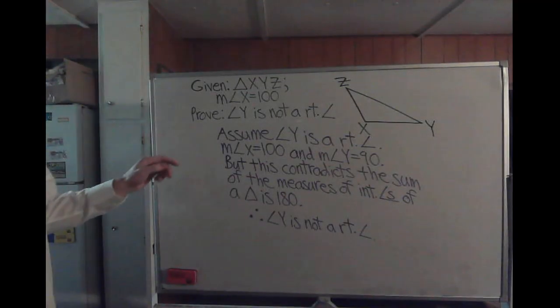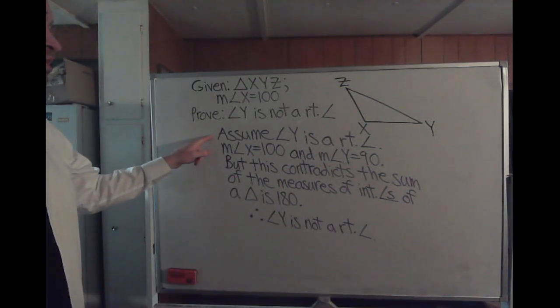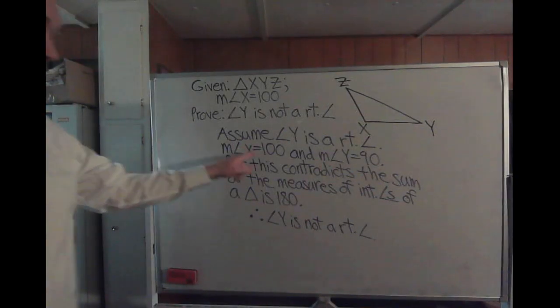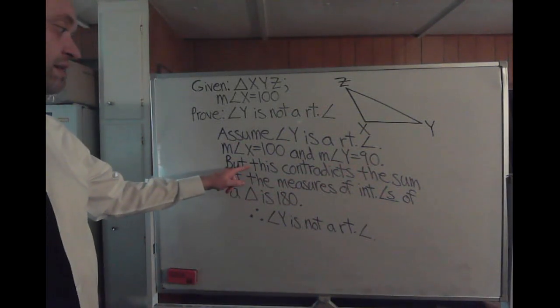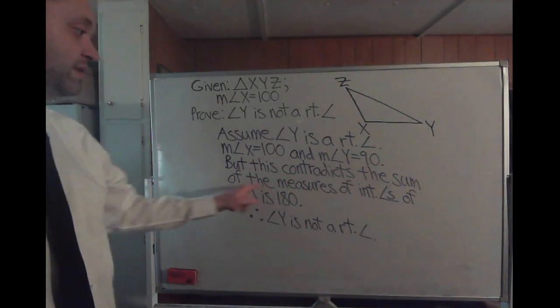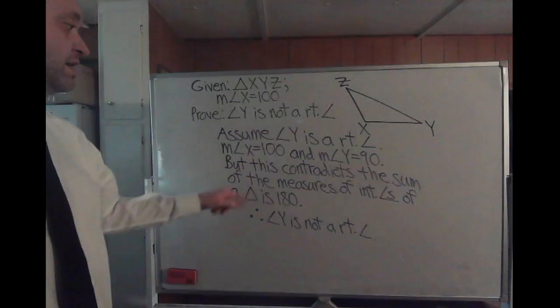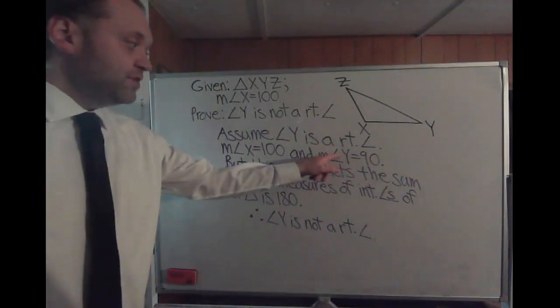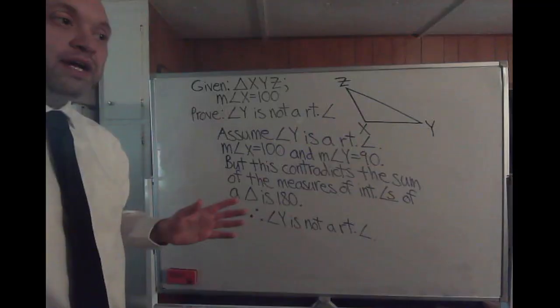So we started in this case by assuming that angle Y is a right angle. Well, the measure of angle X equals 100 and the measure of angle Y equals 90. But this contradicts the sum of the measures of interior angles of a triangle is 180, right? Because if you add X and Y together alone without even factoring in angle Z, you're already at 190.